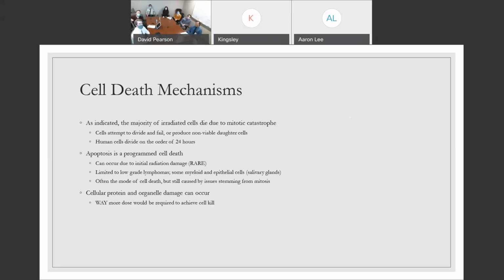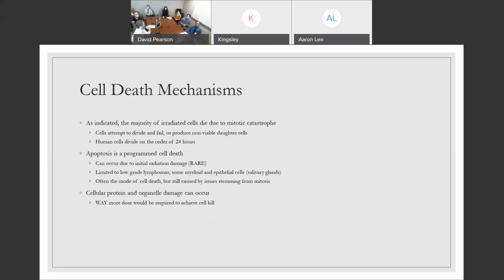Right. So, as indicated, the majority of irradiated cells die due to mitotic catastrophe. Cells attempt to divide and fail, or produce non-viable daughters. Some of those would go through apoptosis, but the majority, again, die by mitotic cell death.